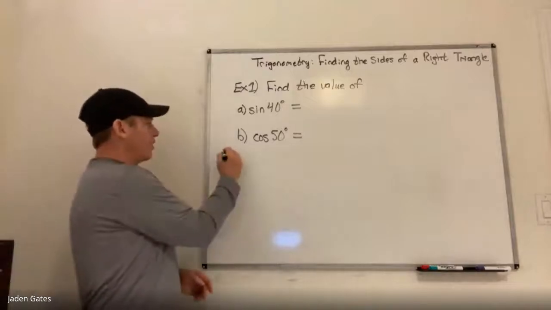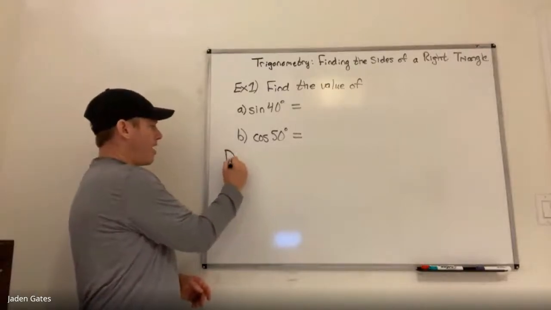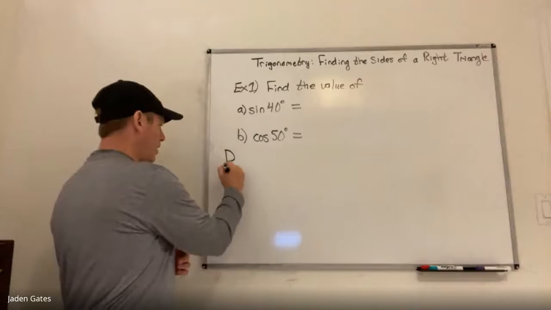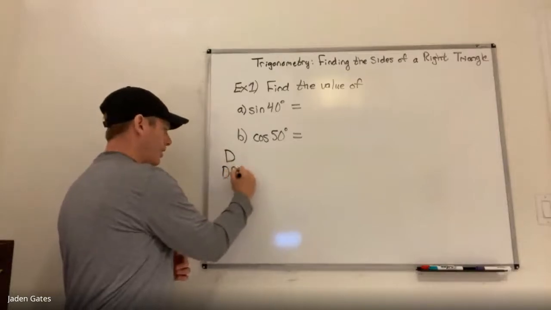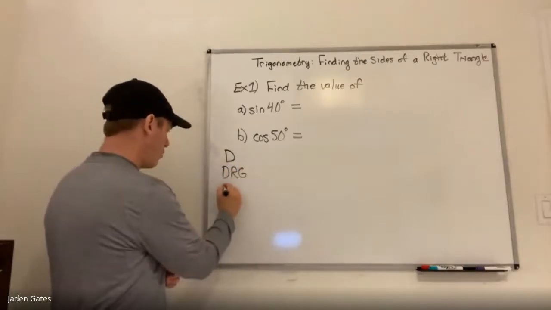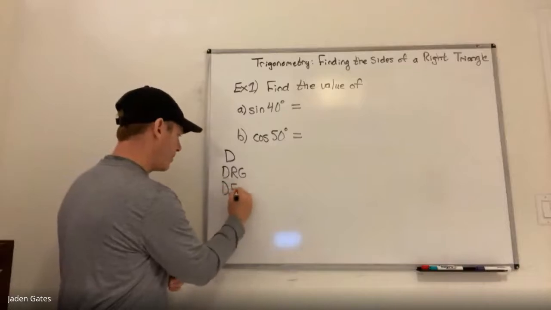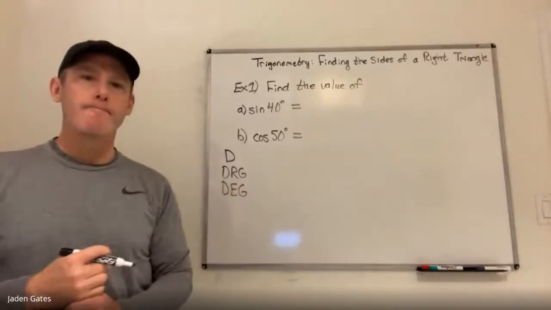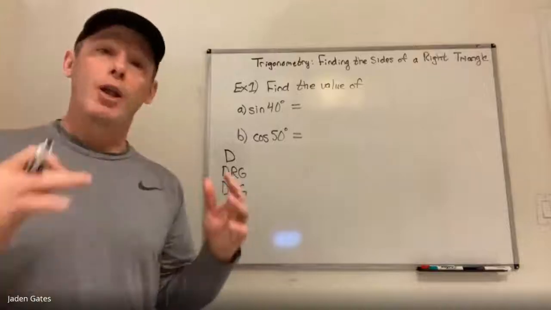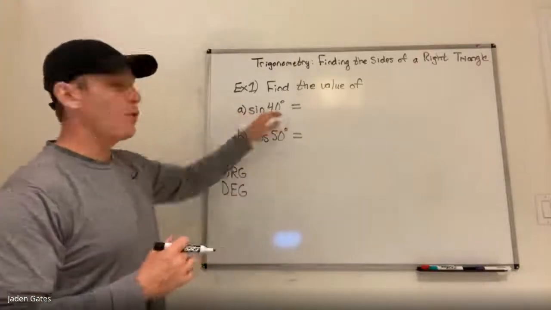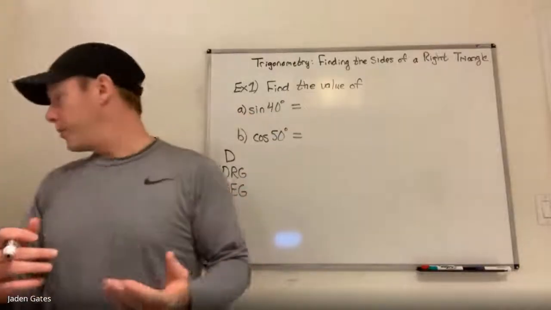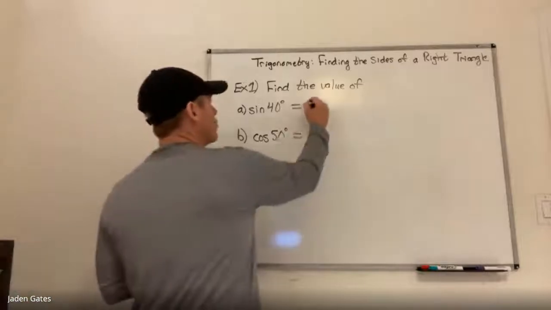So on your calculator, you should have a little D or a DRG or DEG. Your calculator must be in degree mode. Otherwise, when you hit sine of 40, you will not get 0.62.